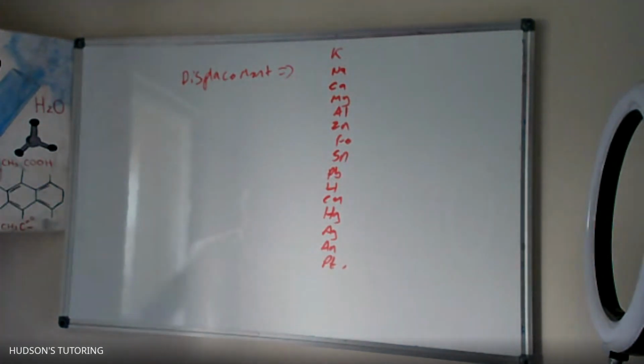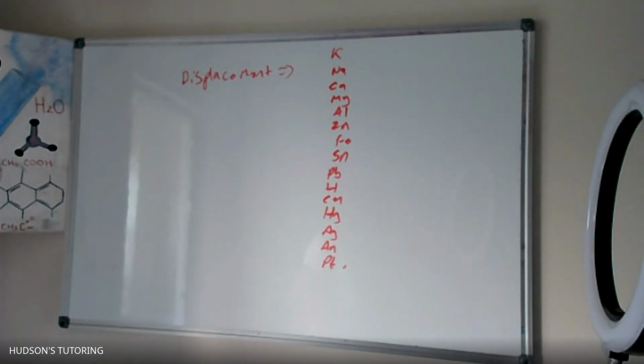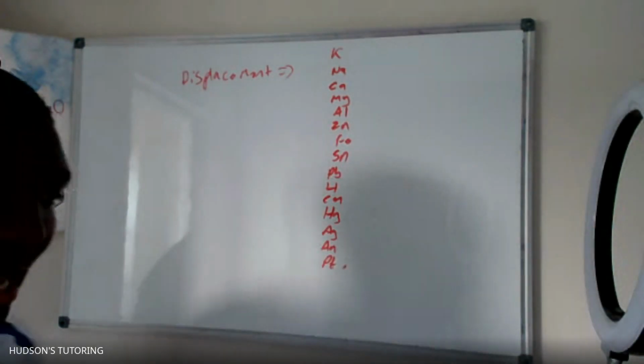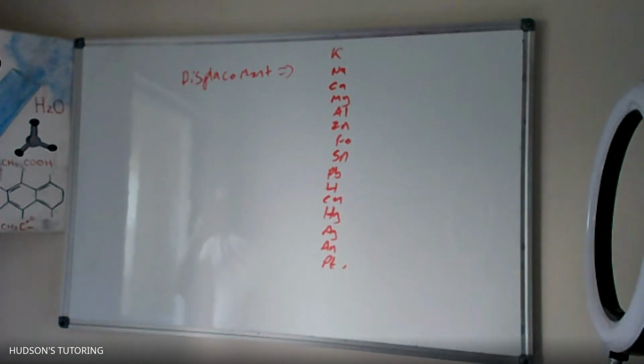All right. So what I'm saying here, I'm gonna take it slow, is that we have displacement reactions. Let's think about it. I always use this analogy. So I'm gonna use Javid Atkinson. Javid is a swag boy over here in Trinidad, and Javid comes and says, hey boy, I'm gonna take that girl from you.